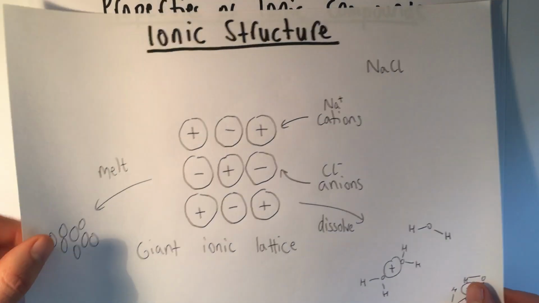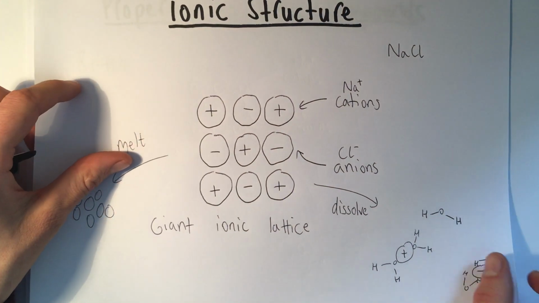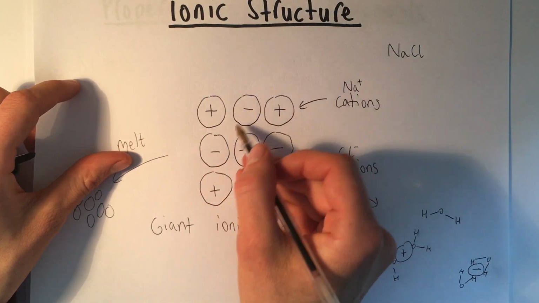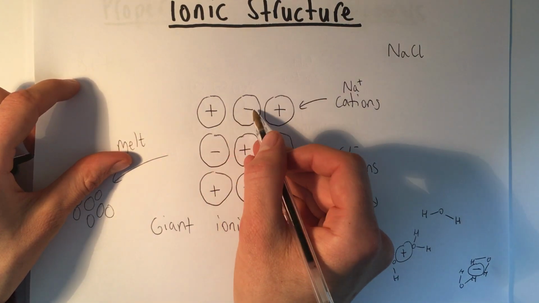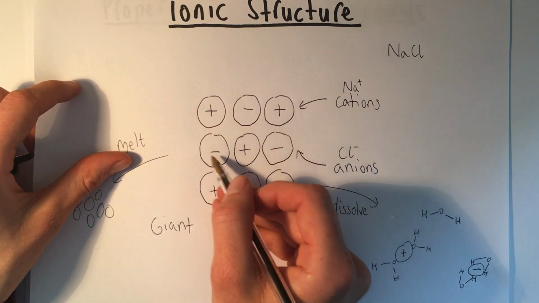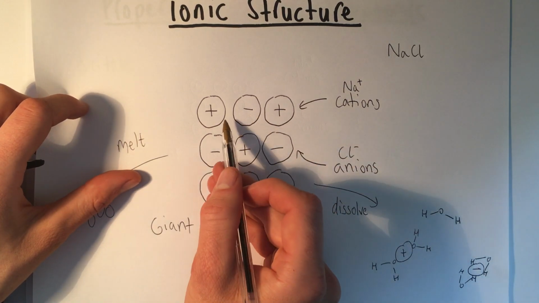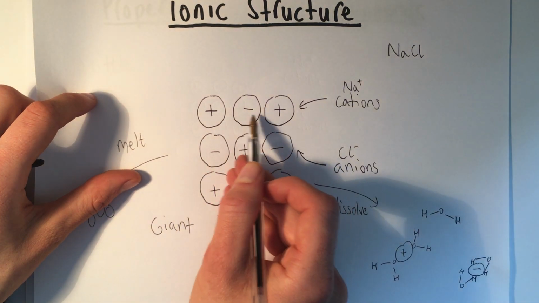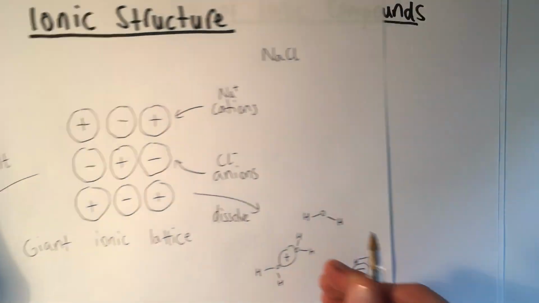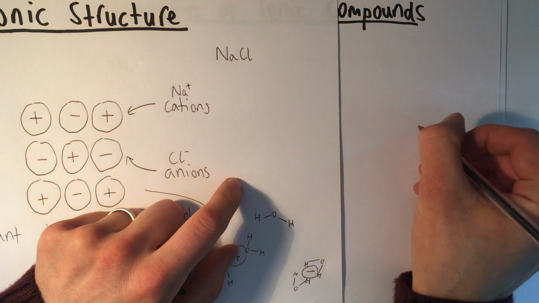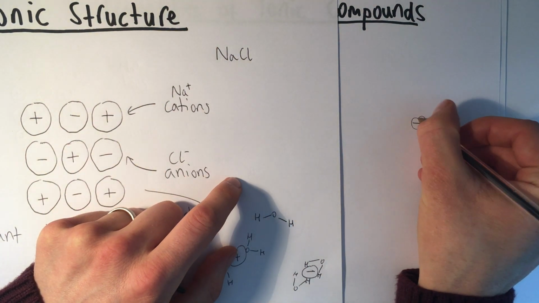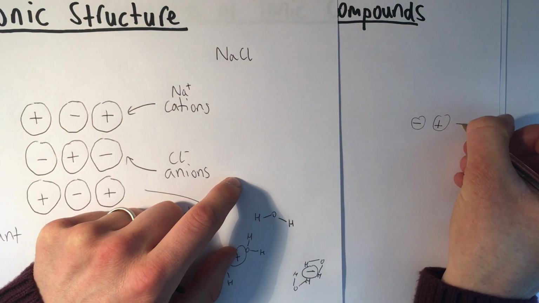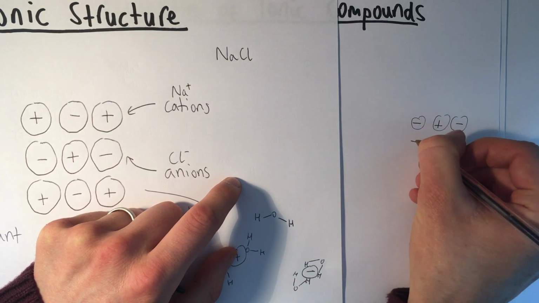The reason for it, if we go to our structure of an ionic compound, at the moment we've got this attraction because of the alternating pattern of cations and anions. Let's imagine if we put a force on it and we got this row to all shift along very slightly. Once it all shifted along, we'd have this situation where we've got negative, positive, negative like that.